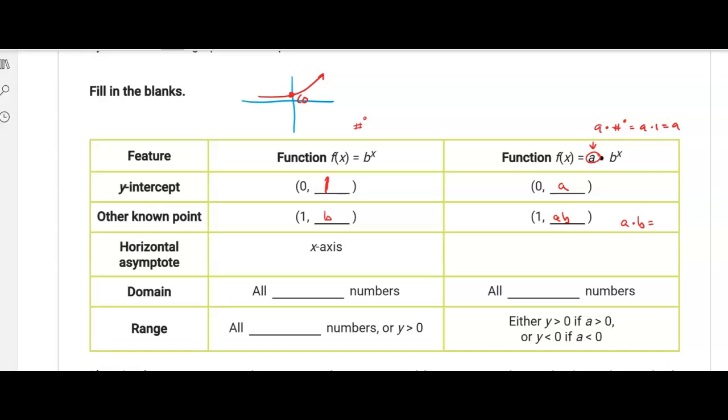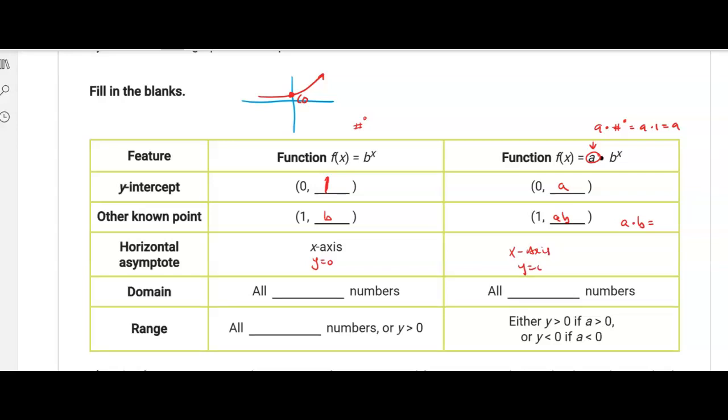All right. So next, the horizontal asymptote, if I were to graph this, would be the x-axis or the equation y equals 0. Over here, if I have a times b to the x, this would also have a horizontal asymptote at the x-axis, or y equals 0.